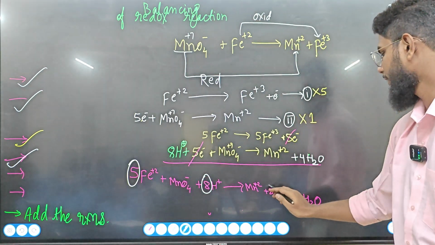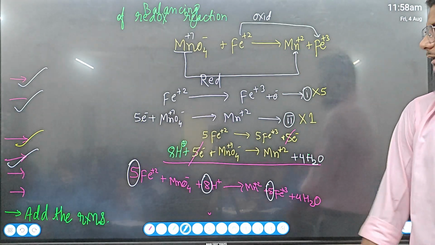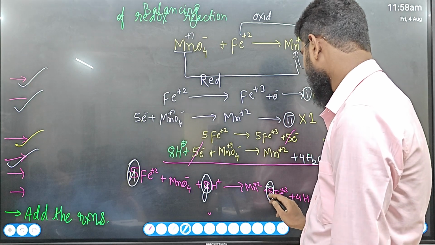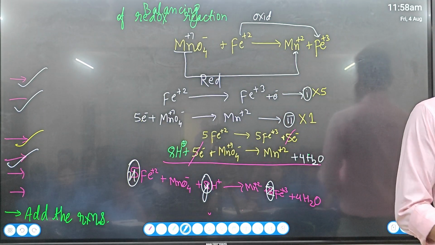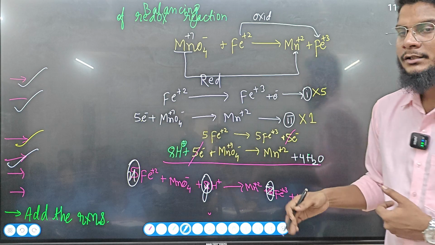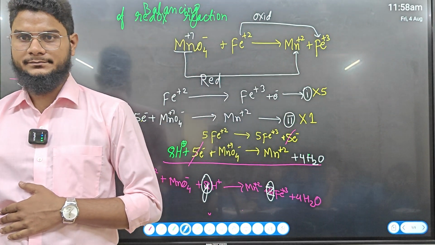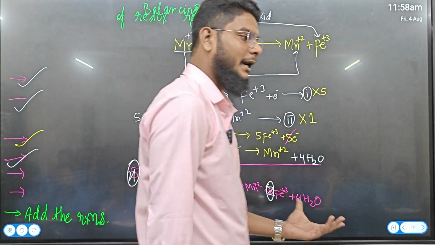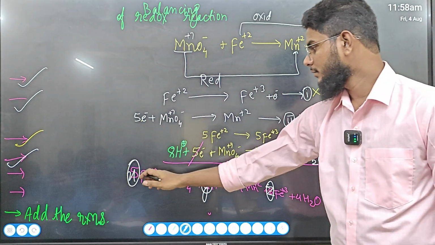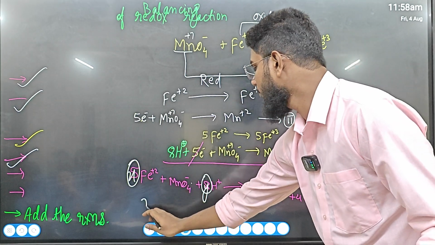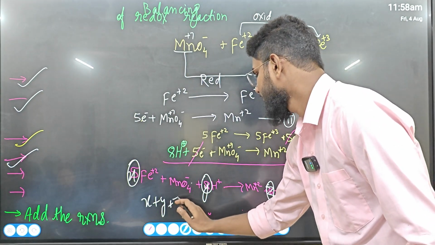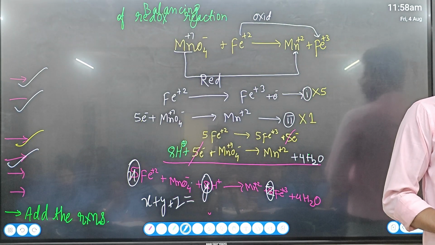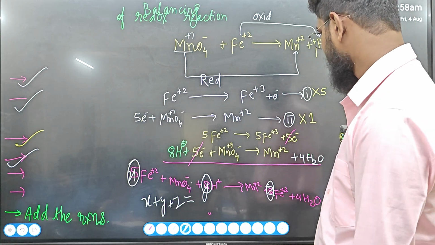Let's suppose x, y, z are given: this is x, this is y, and this is z. You have to identify them. So for that question, you first need to balance the reaction. After that, you will get the coefficients. And sometimes they can ask in a numerical answer type question, what will be the value of x plus y plus z? At that time, you have to add all the coefficients: 5 plus 8 plus 5.